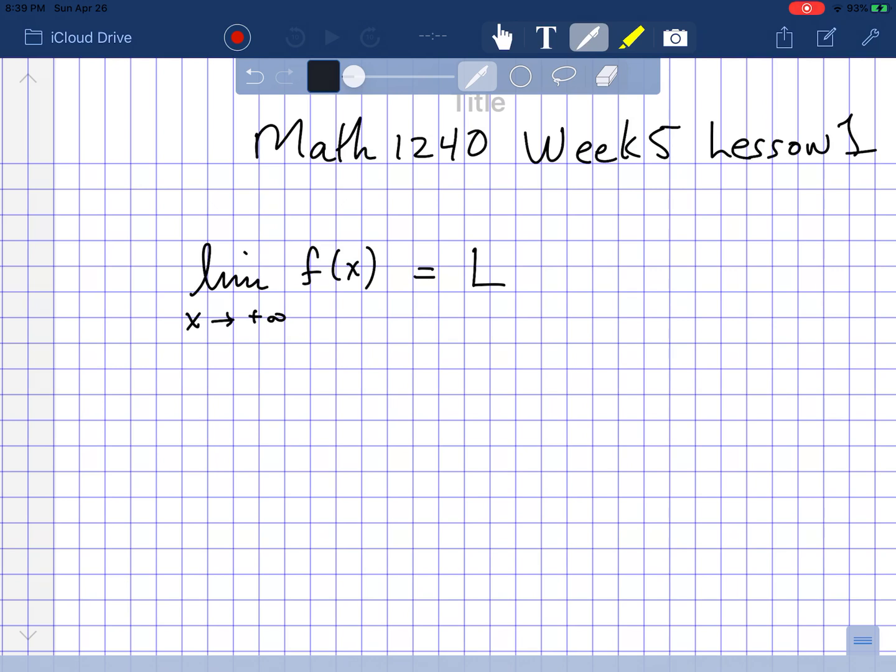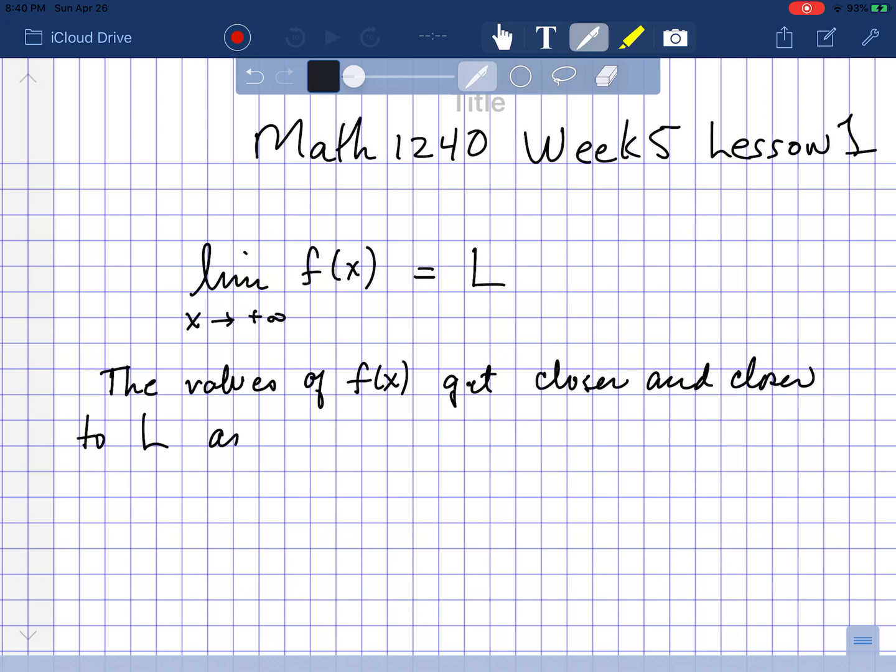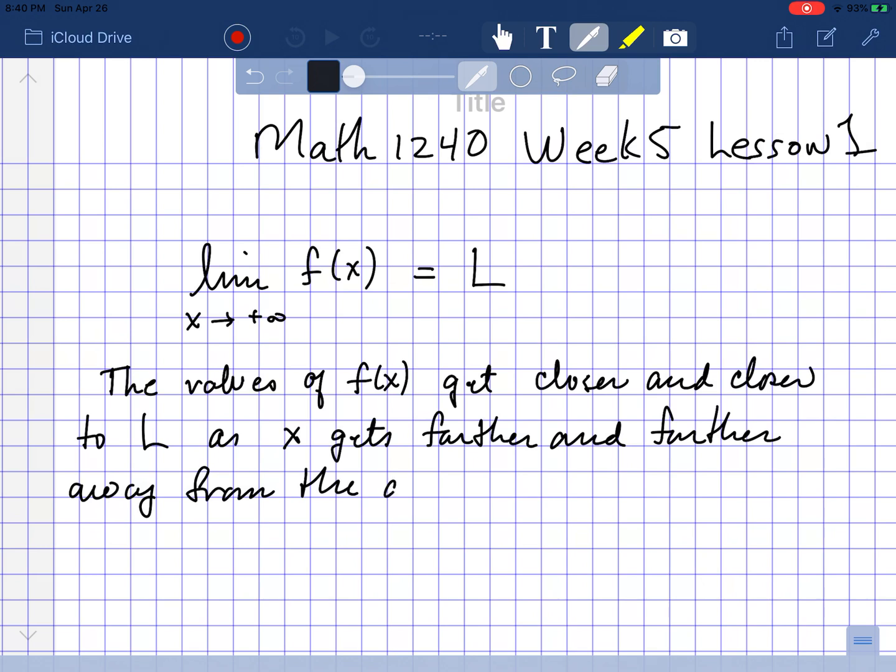So we think of this as the values of f of x get closer and closer to L as x gets farther and farther away from the origin, 0, in the positive direction.